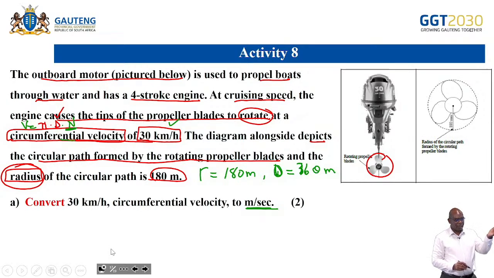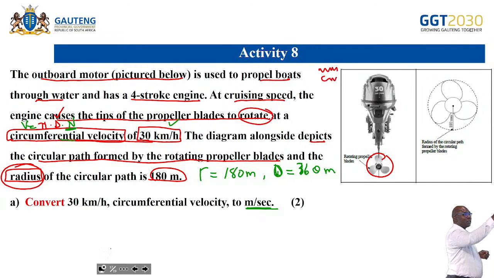30 kilometers and I want to convert it to meters, remember I'll have millimeters, centimeters, decimeters, meters. So I want to convert my kilometers, so I'll have my decameters, I'll have my hectometers, and then I'll have my kilometers. So I want to take these kilometers there.